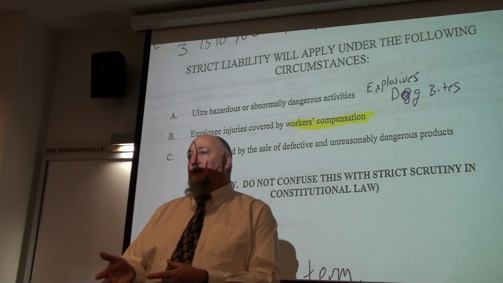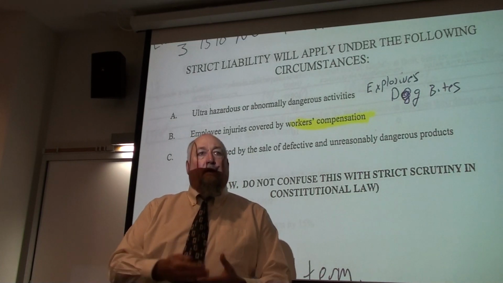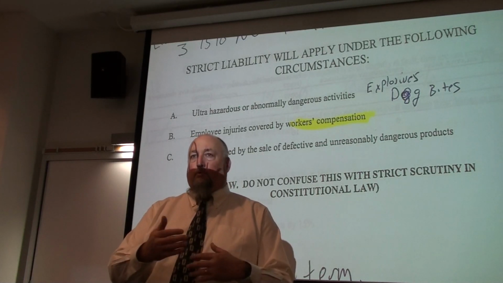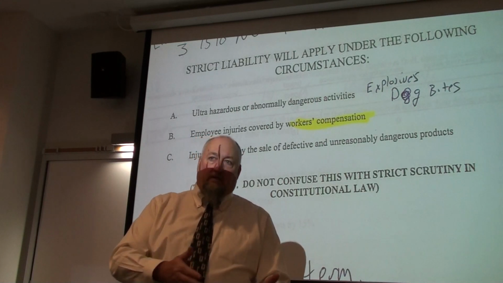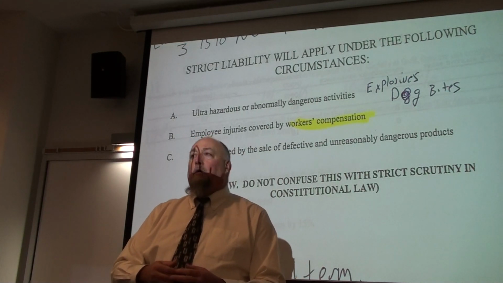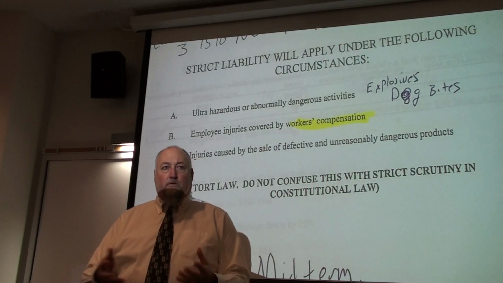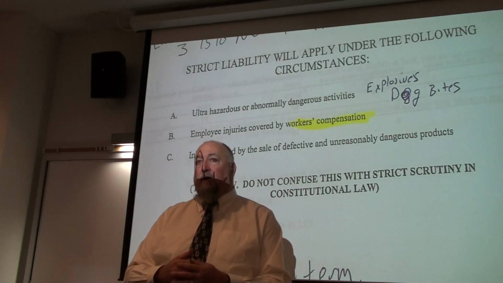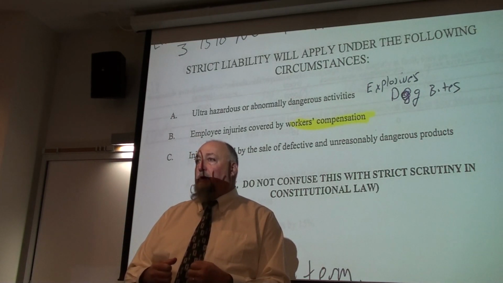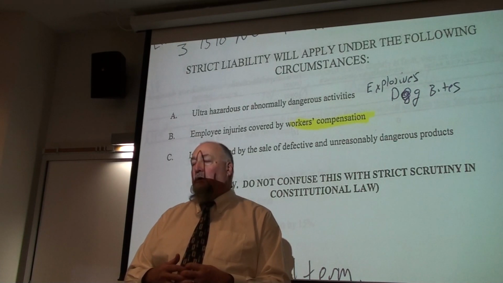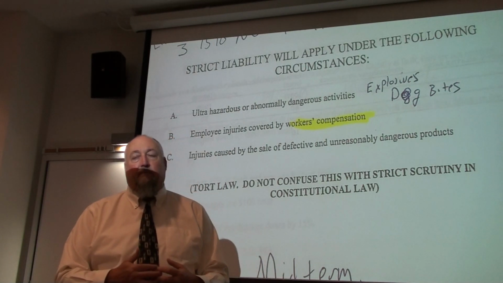But if the firearm's not defective, strict liability doesn't apply. It's working as it's intended to work, albeit it's intended to injure or kill. Same thing with pharmaceuticals or tobacco products for that matter. That's where a lot of the arguments come out for tobacco products on a strict liability basis.